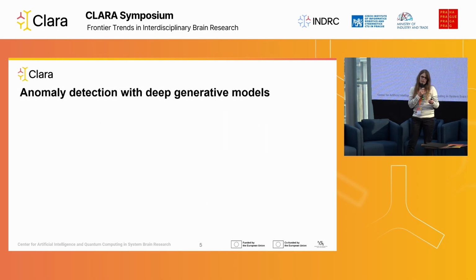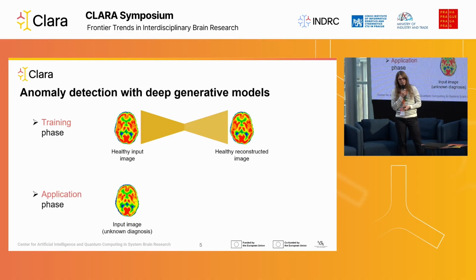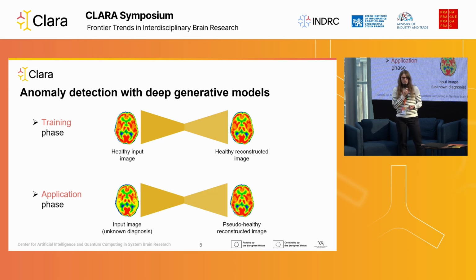So the principle: you first have a training phase, during which you use images of healthy subjects to train a generative model to reconstruct images of healthy appearance. Then, during the application phase, you feed an image that may or may not include anomalies to this trained network that will reconstruct an image that is pseudo-healthy, because it is the only thing it knows how to do.